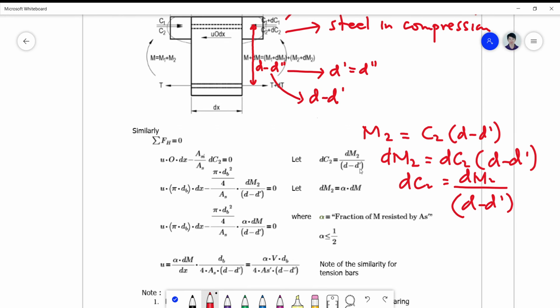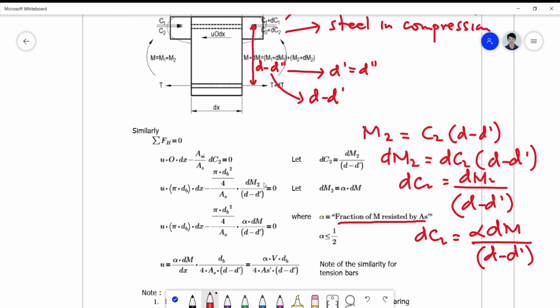Or if we take a look at this, your D minus D prime can be assumed to be alpha. So your alpha is a fraction of the moment resisted by AS, so that your DC2 now becomes alpha dM all over D minus D prime.